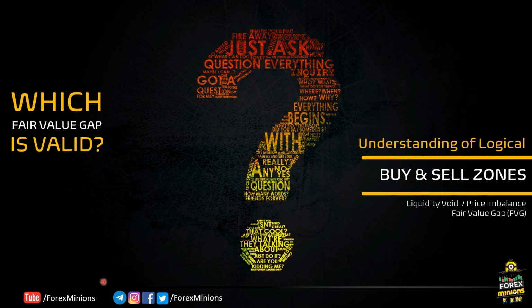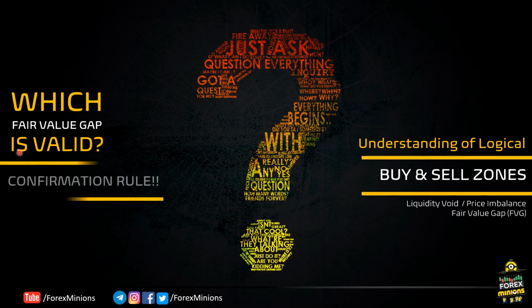Therefore, price may hit your stop loss. Remember, there is always a reason behind such things. Every fair value gap zone is not valid. Now, if a fair value gap zone is valid, what are the confirmation rules, and on what basis does that fair value gap act as a valid zone? We will study this in detail in today's module.